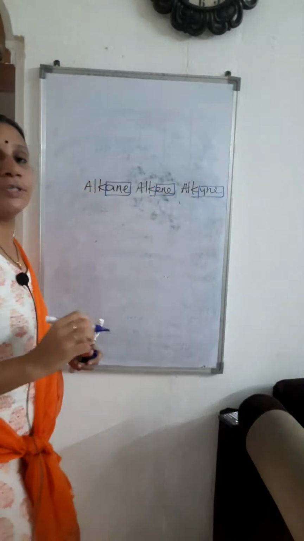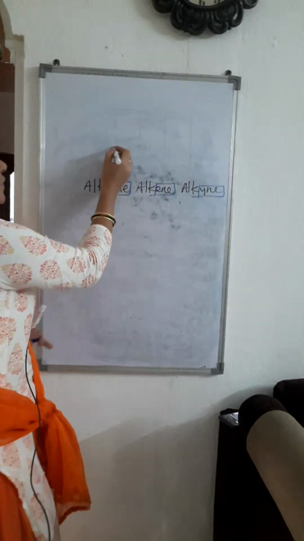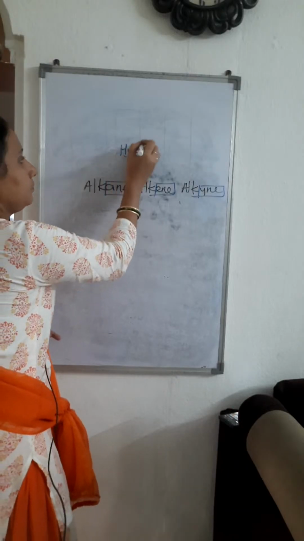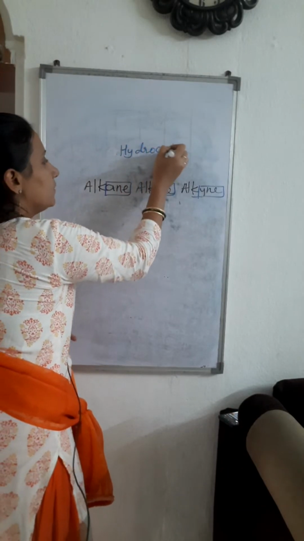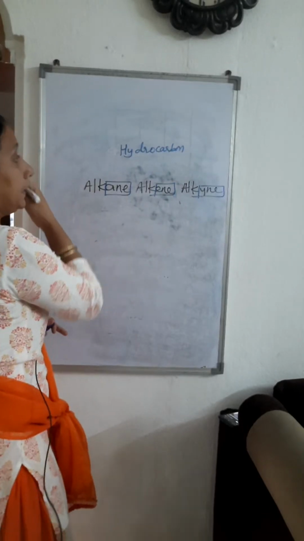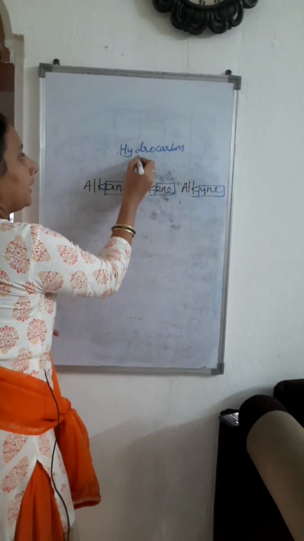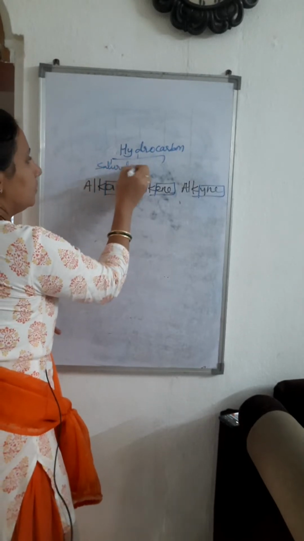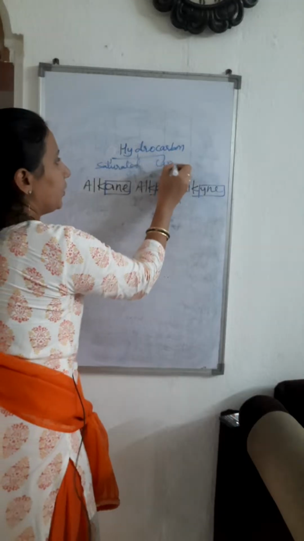So this is the general formula. Now if we start with hydrocarbons, they are divided into two categories: one is saturated, the second is unsaturated.